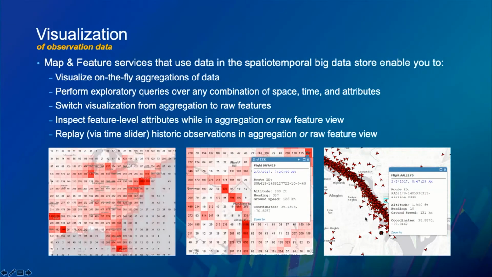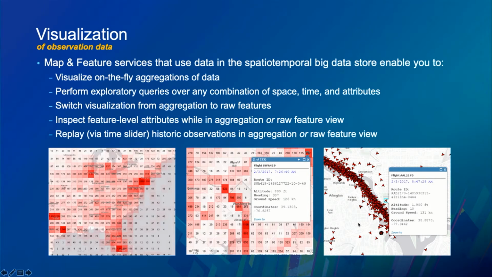As with any regular map, you can view the raw data, identify features, and view their attributes. As we're dealing with large-volume real-time data, as more data comes in, there could be too much data on your map. It's very difficult to view. So we enhance the standard map service with on-the-fly aggregation.